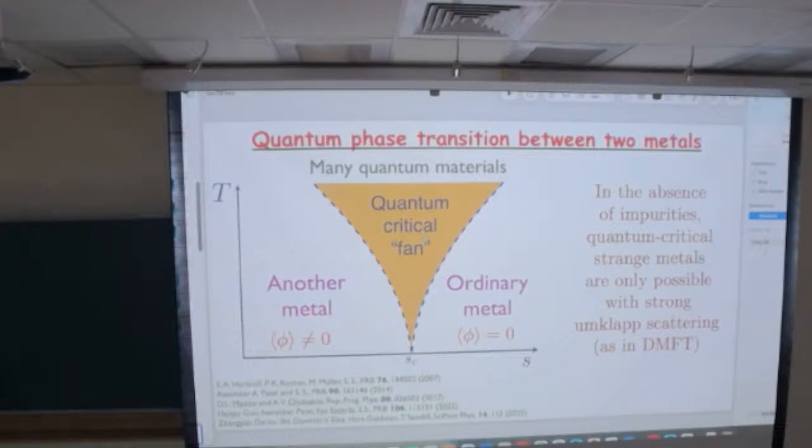Okay, so that's something we slowly realized starting in 2007, and in fact, several calculations of transport in this regime by famous people were incorrect, because they overlooked this drag effect. Roughly the idea is that there's some phi field which is fluctuating strongly and it's scattering the electrons, and that will lead to huge resistivity.